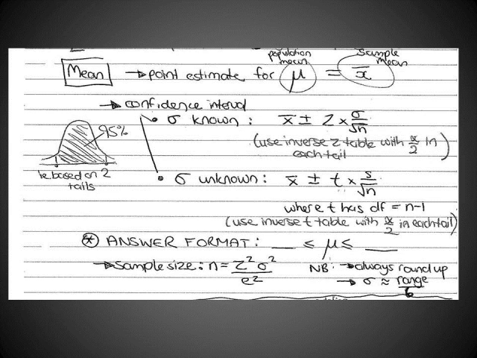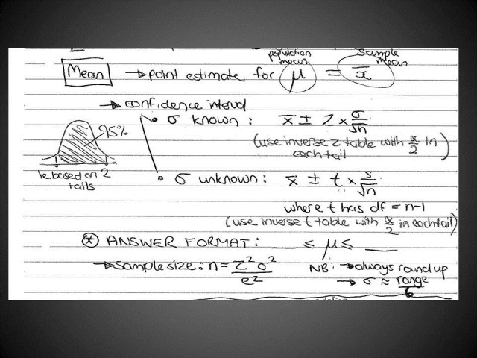Now, in terms of rearranging those confidence interval formulas to be able to solve for n, if we want to specify how wide the confidence interval is going to be, we can do that in terms of specifying e, which is the bit we add and subtract, and therefore represents half the width.